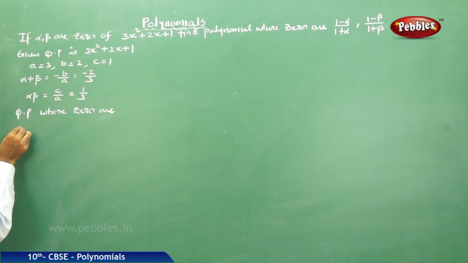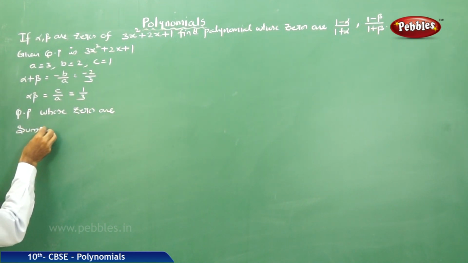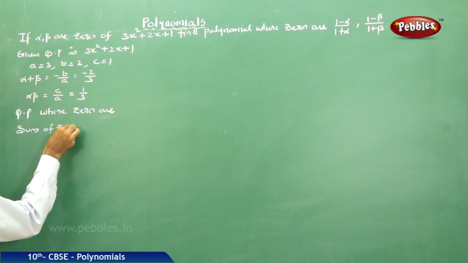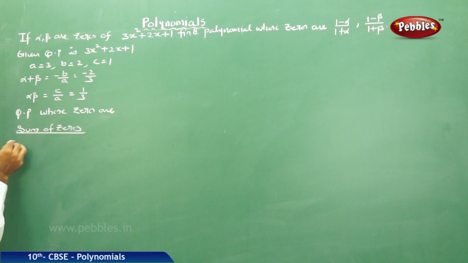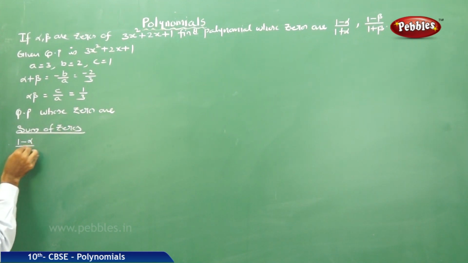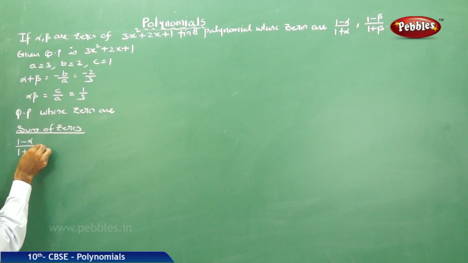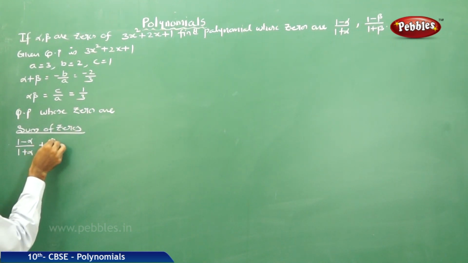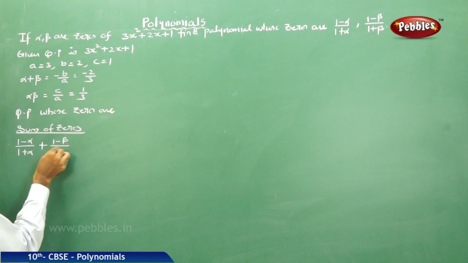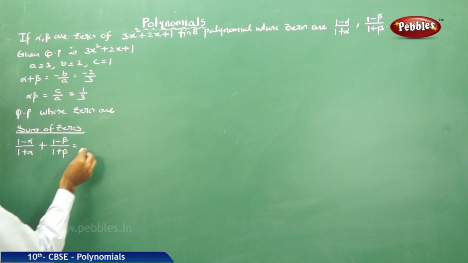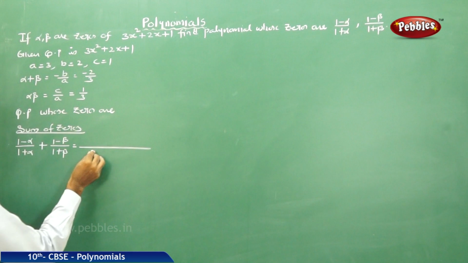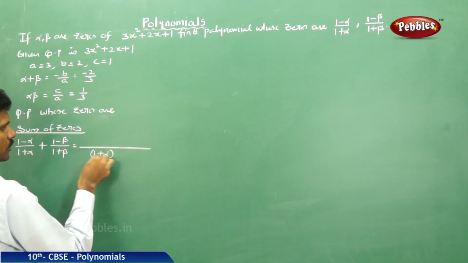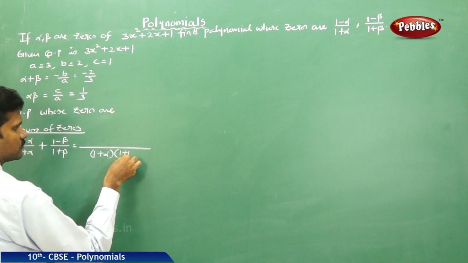First find out their sum. Sum of zeros, that is 1 minus alpha by 1 plus alpha plus 1 minus beta by 1 plus beta, that is equal to, let's simplify, the denominator 1 plus alpha into 1 plus beta.